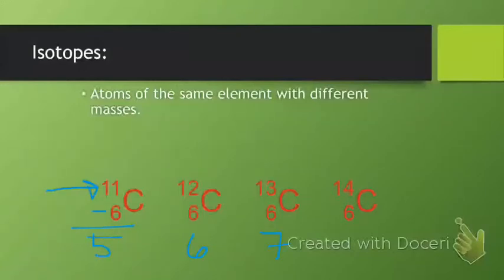Carbon 13 has 7. And carbon 14 has 8 neutrons. But these are called isotopes. Don't get this confused with radioactive isotopes or radioactivity, because, remember, not all isotopes are radioactive. Radioactivity means that the atom naturally will emit a particle or a subparticle.